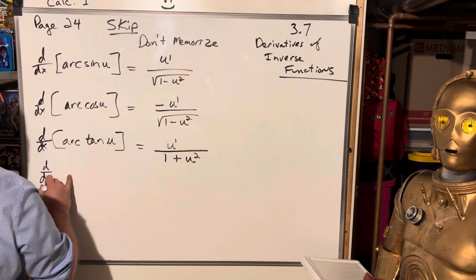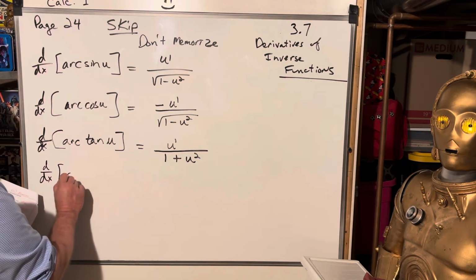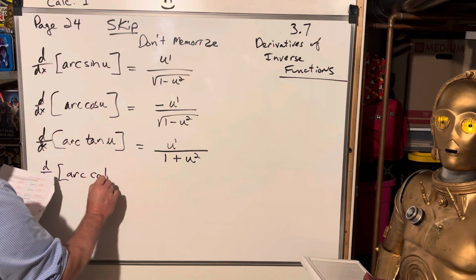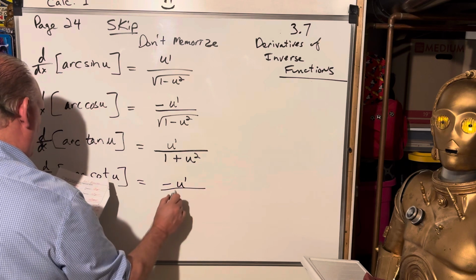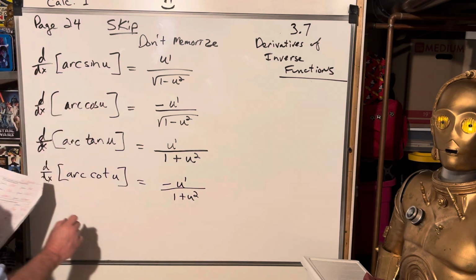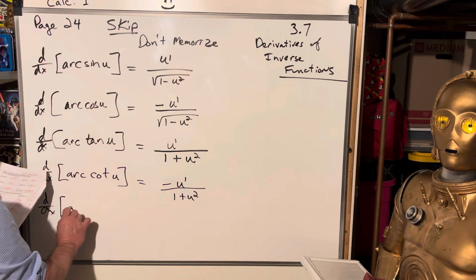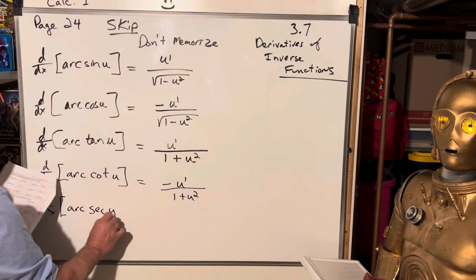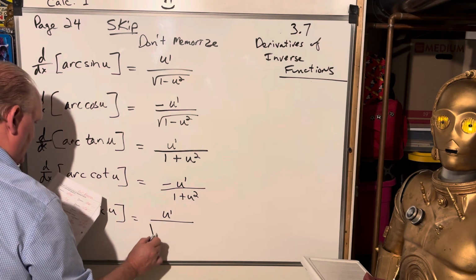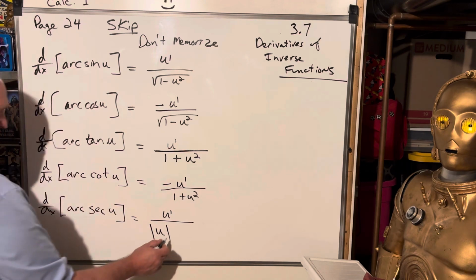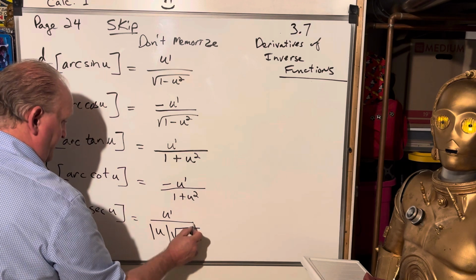d dx of, where was I? Arc cotangent of u is equal to the opposite of u prime over 1 plus u squared. d dx of the arc secant of u is equal to u prime over the absolute value of u times the square root of u squared minus 1.